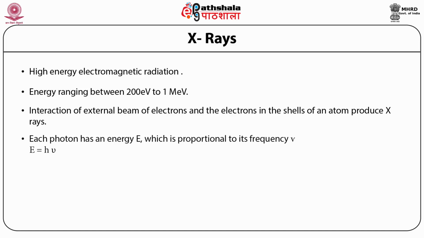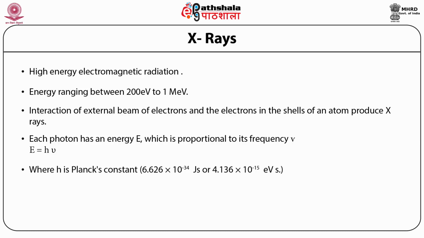Each photon has an energy E, which is proportional to its frequency ν. So we can write E = hν, where h is the constant of proportionality, that is Planck's constant, and its value is 6.626 × 10^-34 joule second, or 4.136 × 10^-15 electron volt second.